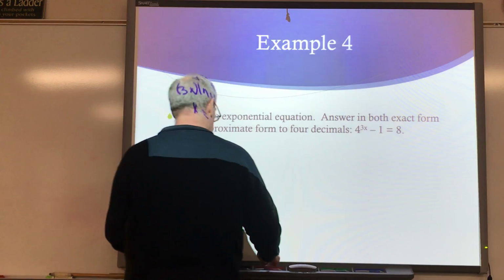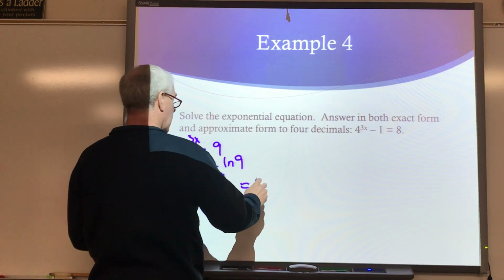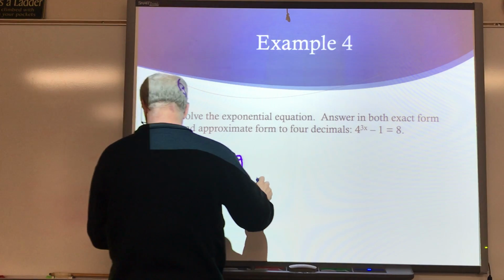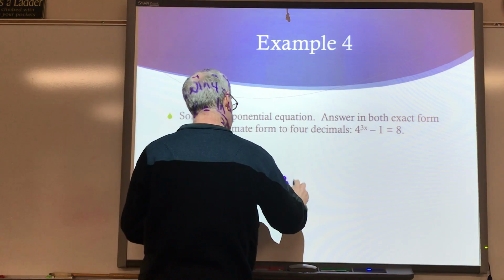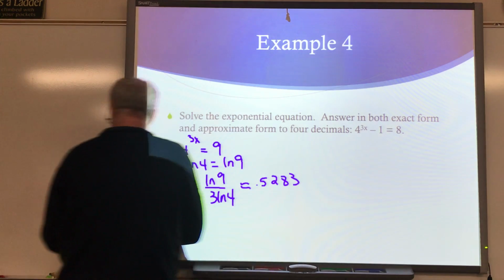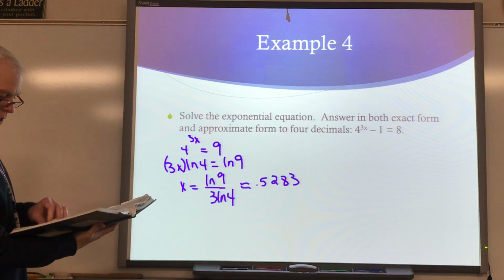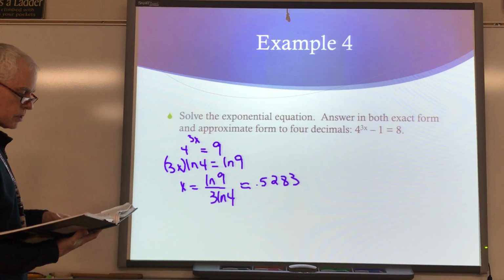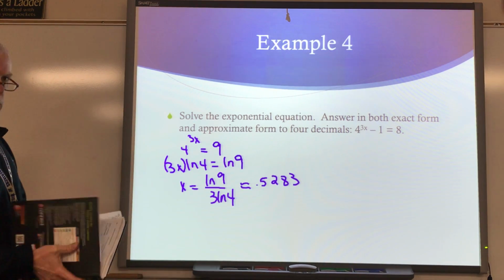So this is my exact answer here. And approximately to 4 decimal places, they say I get 0.5283. Again, I think you should get in the practice of putting that back into your calculator just to make sure that that works. But you'll have to trust me on this one, that this one does work.